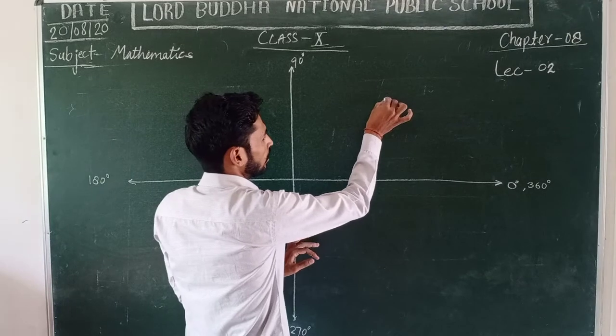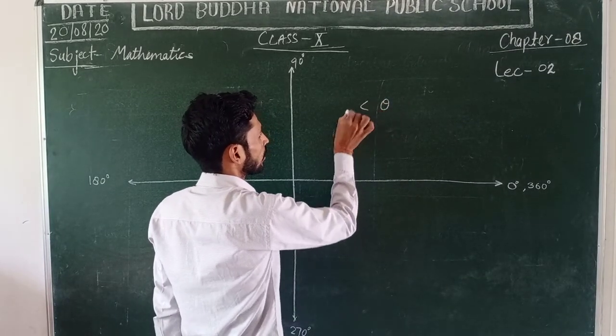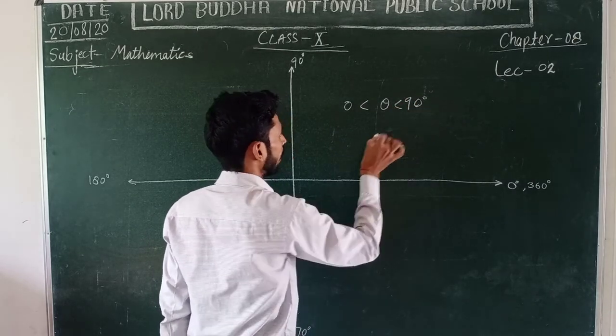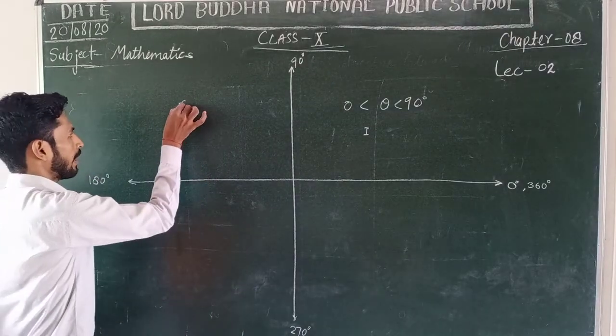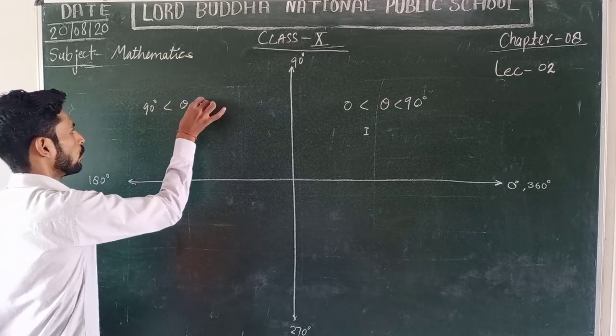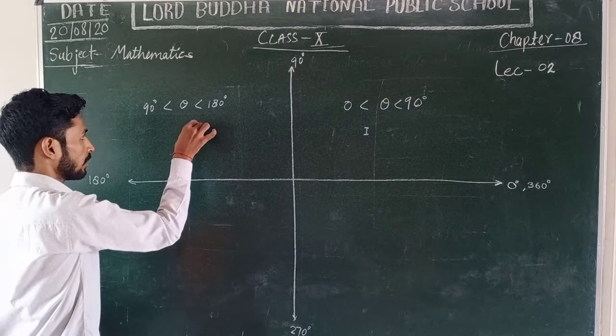If the value of theta is between 0 to 90 degree, then it will be the first quadrant, and when the value of theta is between 90 to 180 degree, then this will be the second quadrant.